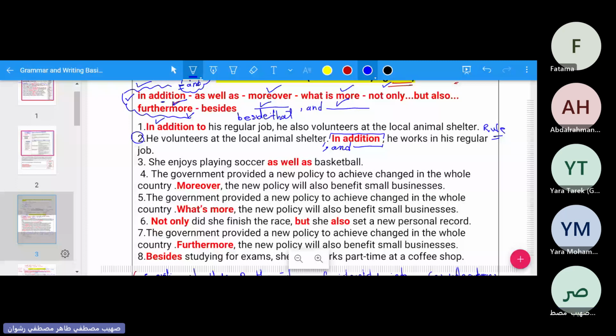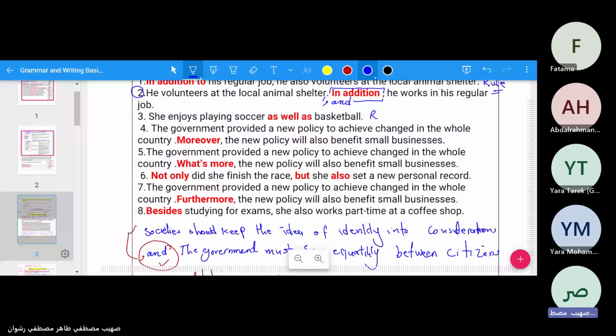Number 3, no, 3 no, because it has also a rule. Number 4. The government provide a new policy to achieve change in the whole country. Moreover, the new policy will also benefit small businesses.